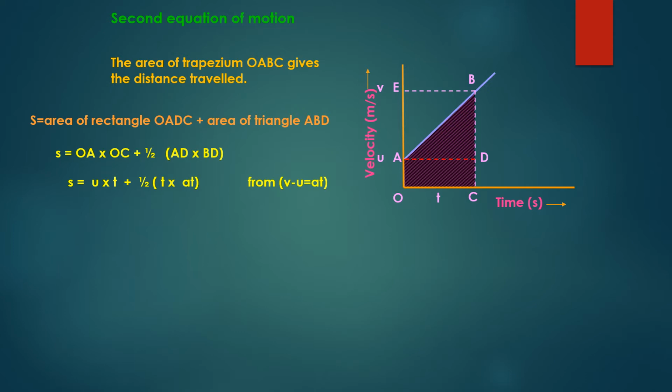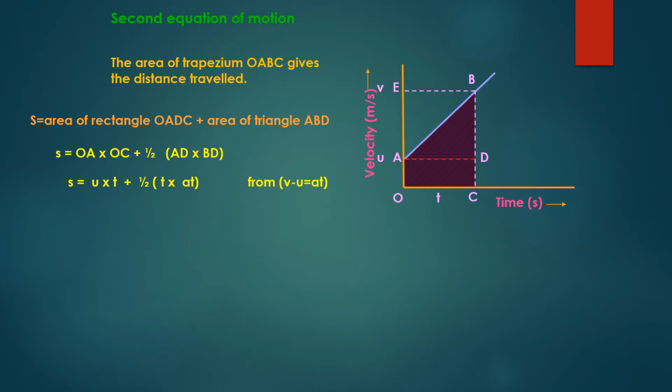We can rewrite this as s is equal to OA, which is u, the initial velocity, into OC, which is time taken, plus half into AD, which is time again. AD is equal to OC.